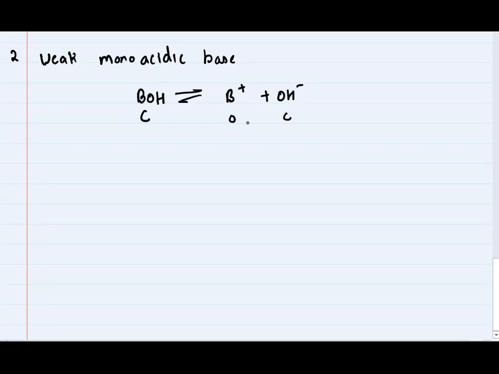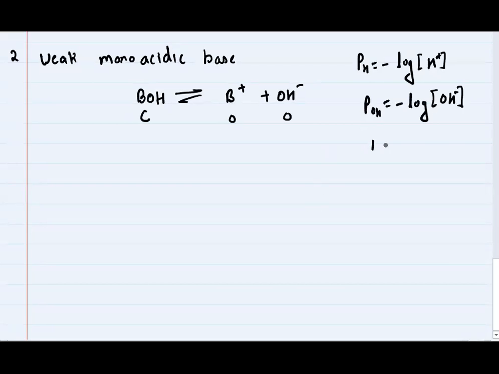Now, if pH is equal to minus log concentration of H plus, then pOH should be minus log concentration of OH minus. Got it?